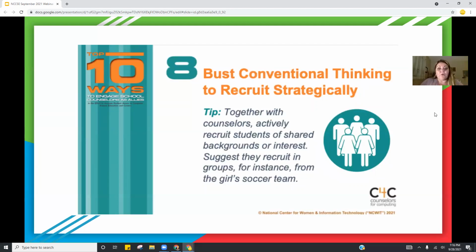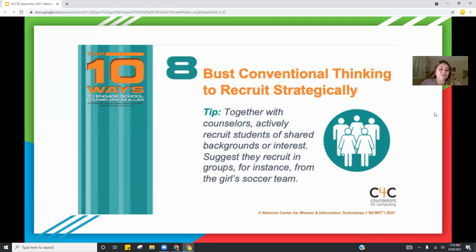But also think about, instead of the typical, here's a list, or here are the kids I want, or advertisements, work with the counselor to maybe do mini workshops. Or, we were talking about this right before everyone came on, are there some students that are friends that if they went into the computer science class together, they might feel more comfortable?